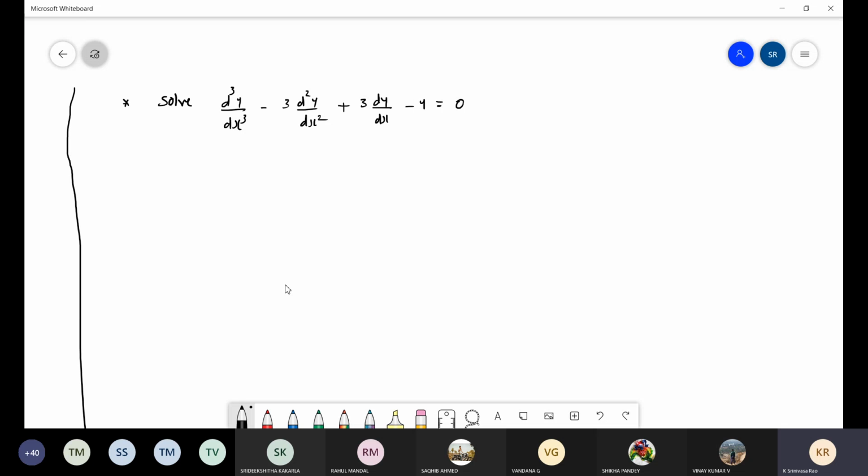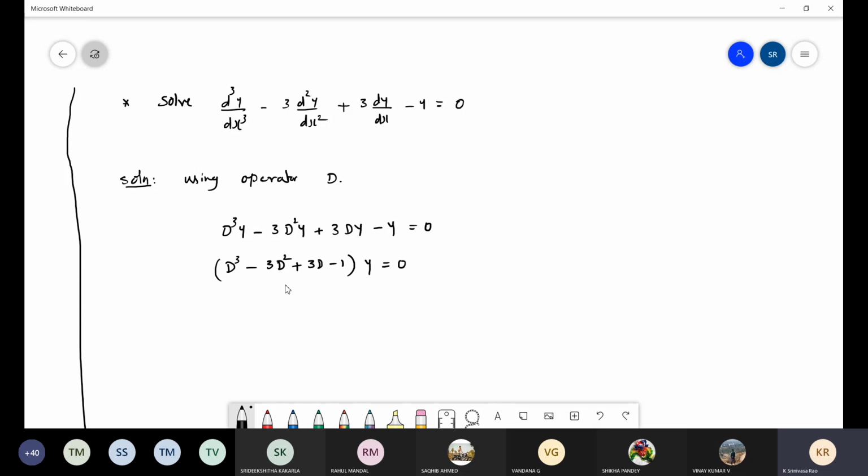Same procedure. First, using operator D, this becomes D cube y minus 3 D square y plus 3 Dy minus y equal to 0. Take y common: D cube minus 3D square plus 3D minus 1 into y equal to 0.